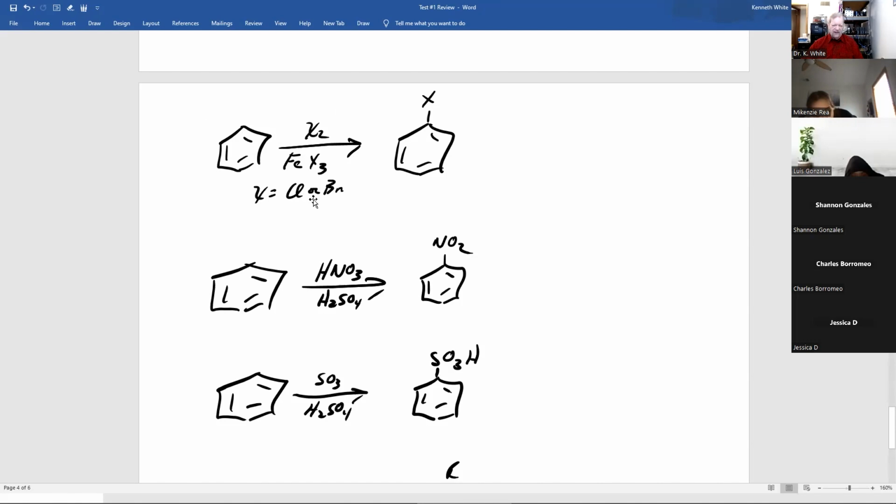Now, I mentioned when I taught this to you that when there's something on the ring already, it's called a director, and then there are a number of possibilities of what product. I'm not going to be teaching directors in this course because I like to spend more time on things that are more important to you, like fats and oils, carbohydrates, proteins, alcohols, the good stuff.